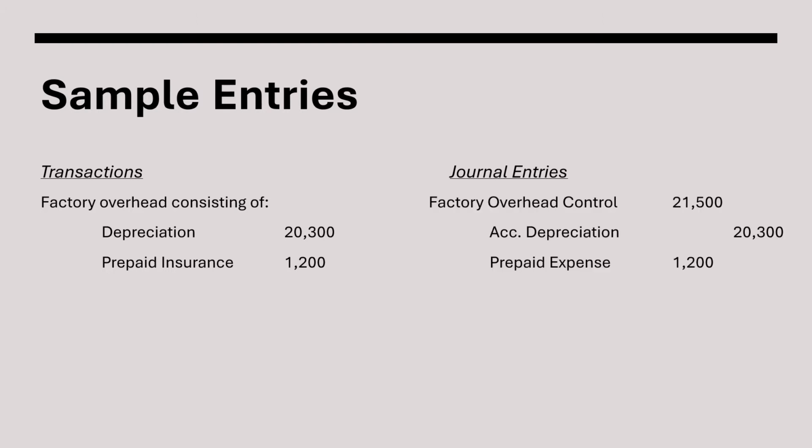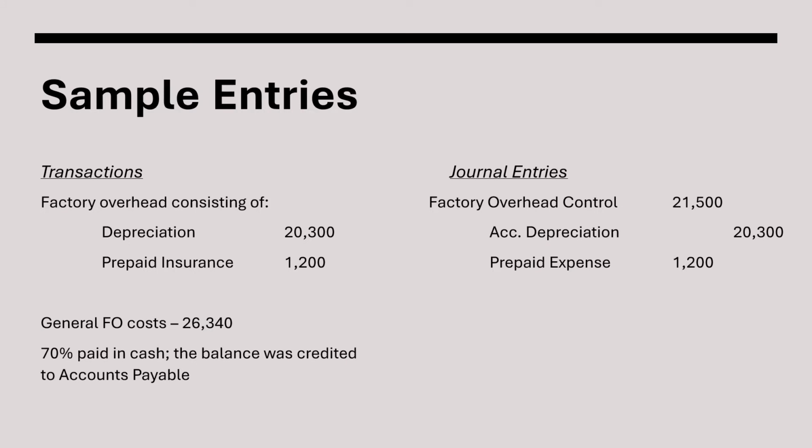In normal circumstances, you debit depreciation expense, credit accumulated depreciation, or debit insurance expense, credit prepaid insurance. But since this is related to factory overhead, the debit would now be factory overhead control, credit accumulated depreciation, and credit prepaid insurance. You're recording it directly to factory overhead instead of going into the normal expense accounts.